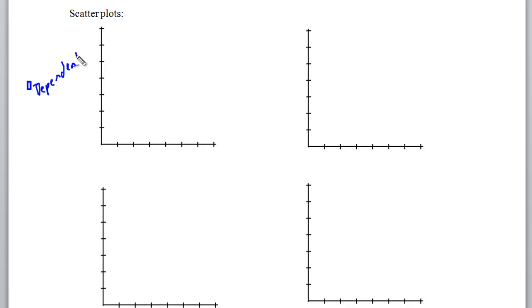The y-axis is always the dependent variable. The y depends on the x-axis, which is the independent variable. The independent variable can change. Like, you can decide how much homework you're going to do. Are you going to do 100% of it or 0%? And your grade will depend on the homework.